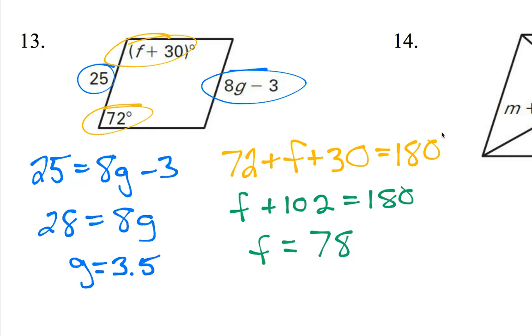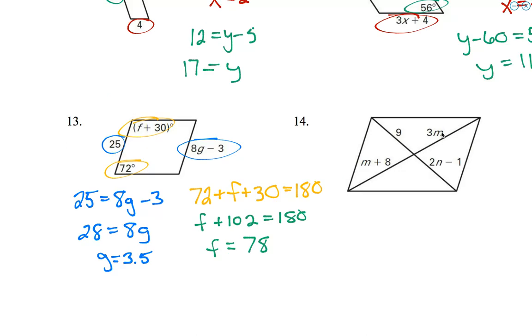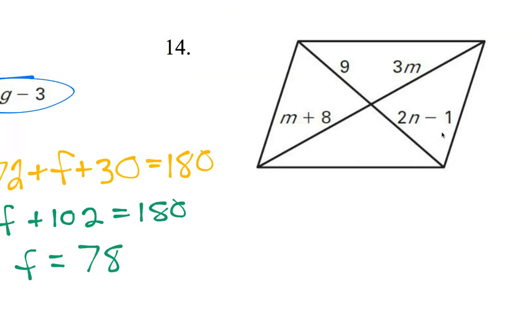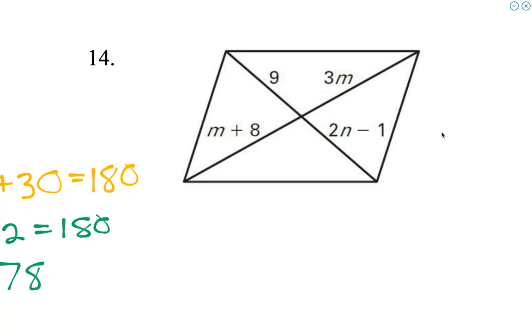So f equals 78. All right, the diagonals here are going to bisect each other.